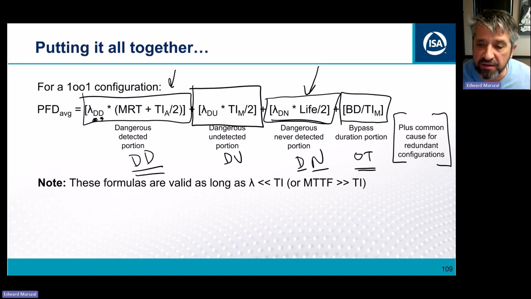So the OT, online testing term, is becoming more and more relevant because turnarounds are expensive. And if I can shave a day off of my plant's turnaround by doing my SIS testing, at least of my sensors, while the plant is online and running, I save myself many millions of dollars. But if you're in bypass to execute that test, you need to take the unavailability while you're performing that test and include it in the probability of failure on demand. That is the online testing term.